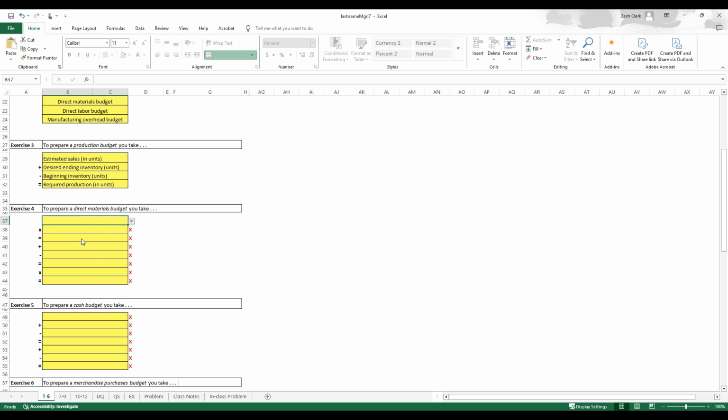Where we started with sales before, here we start with required production, which is a carry down. So we start with our production budget, then say, if we know we're going to produce this much, how much do we need to buy? Then we come through and use raw materials per unit, and that gives us our total raw materials needed, or direct materials needed.